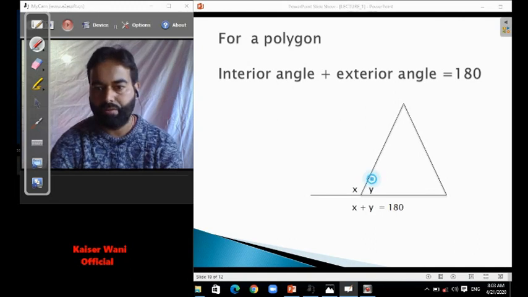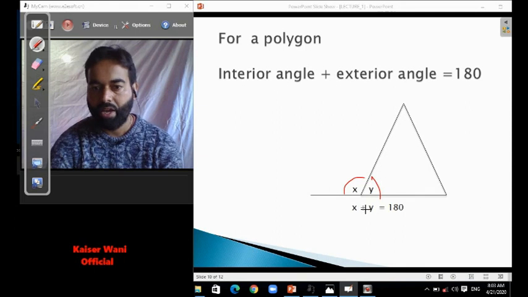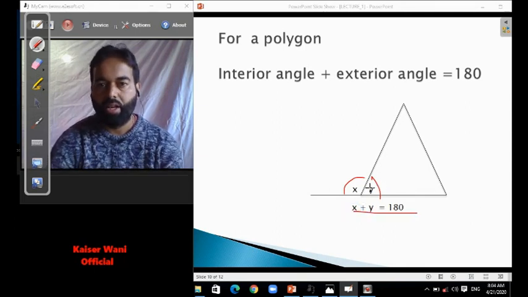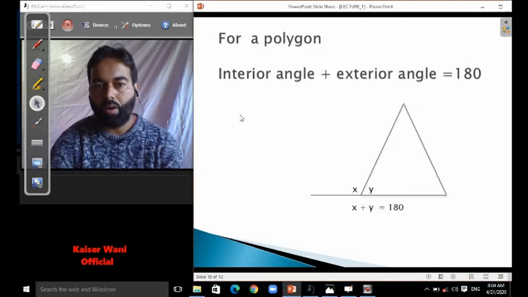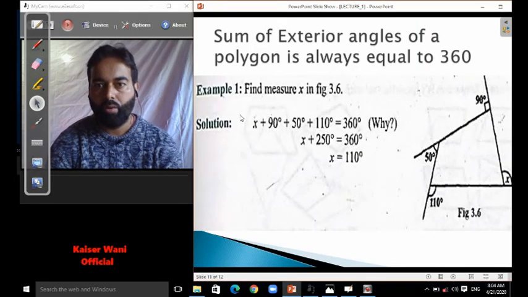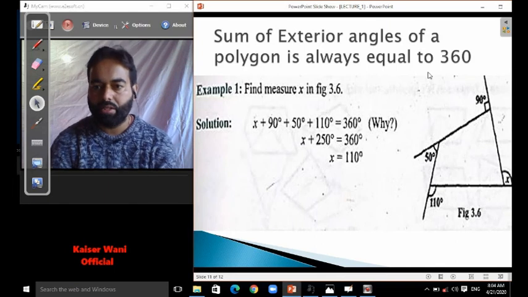If the interior angle is x and the exterior is y, x plus y is equal to 180, because these are linear pair angles. After that, the sum of exterior angles of a polygon is always equal to 360. It is one of the properties of polygons.